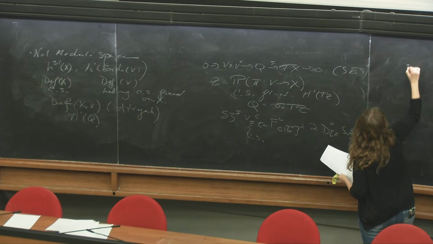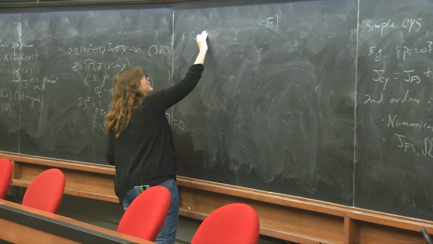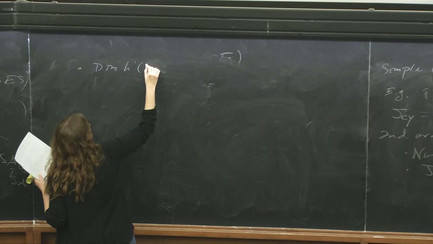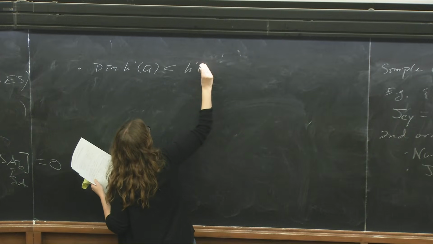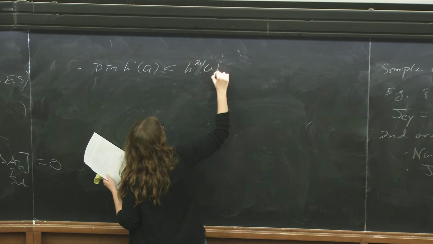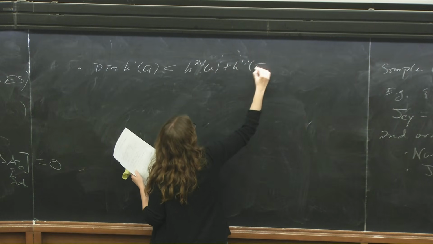So without going into huge details, in the resulting moduli space, the dimension of H1 of Q is less in general than the sum of H21 of X plus H1 of End0(V).